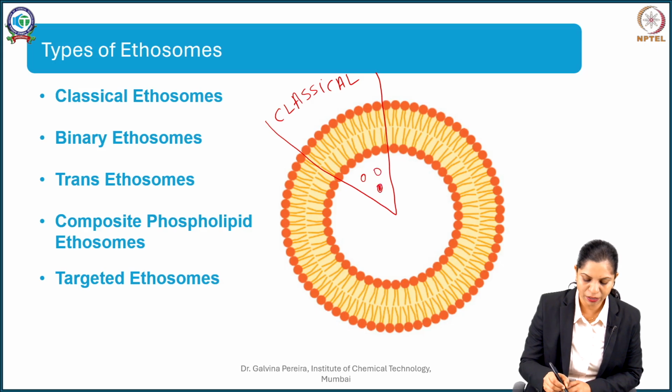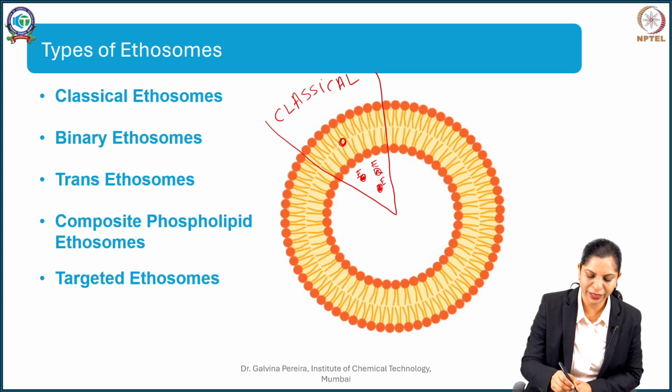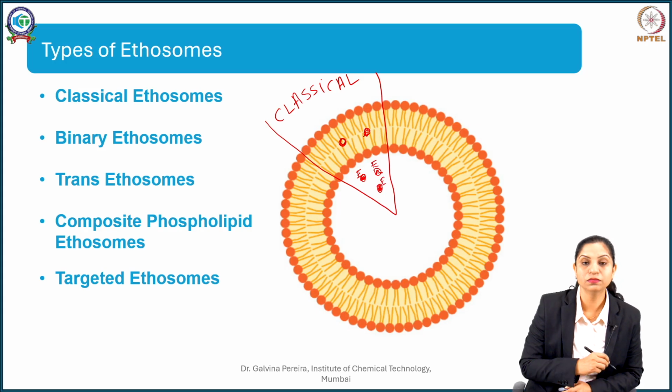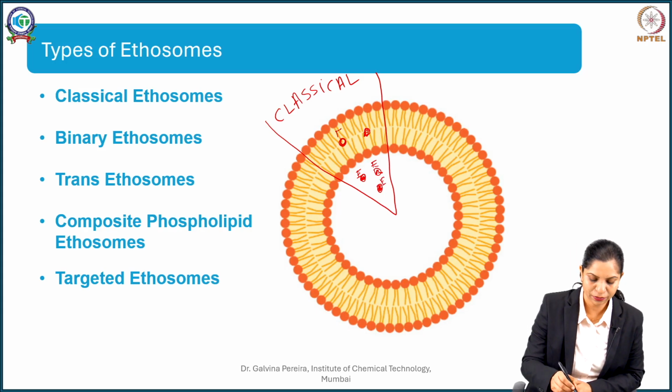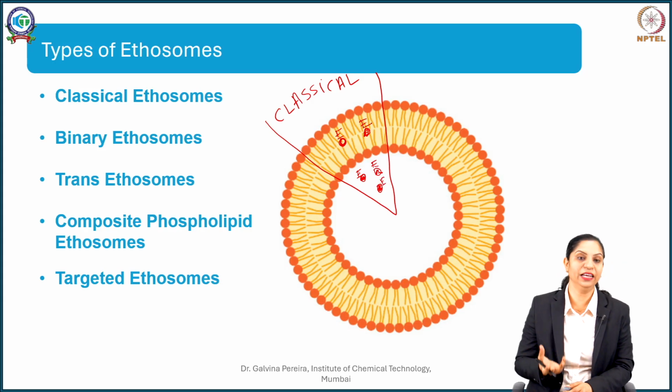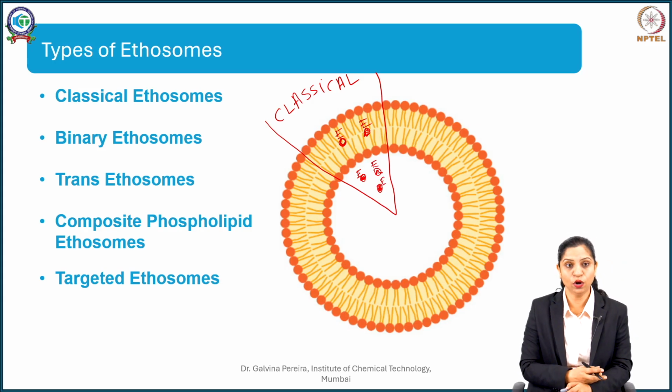This red color particles, you can imagine it to be your ethanol, or we can just write it as your E's. This ethanol also makes its way into the phospholipid bilayer. So in classical ethosomes, you have your ethanol being there.